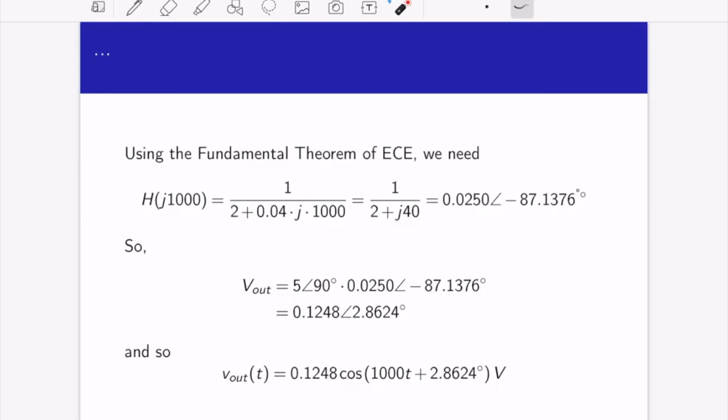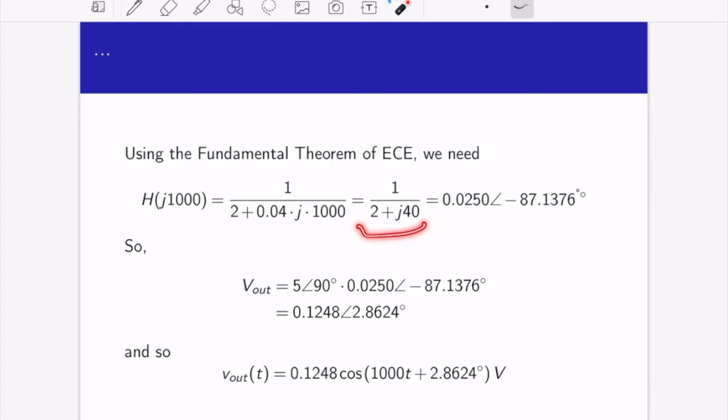Let's go back and recall. We were looking at minus 5 sine of 1000t, which in phasors is 5 at an angle of 90 degrees. We will plug in 1000 for omega. When we take our H of s and substitute 1000 for omega, we get 1 over a complex number, which is simple division.